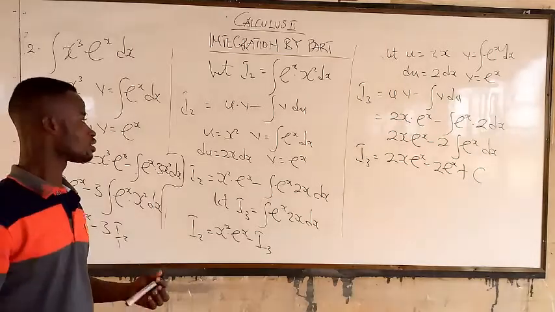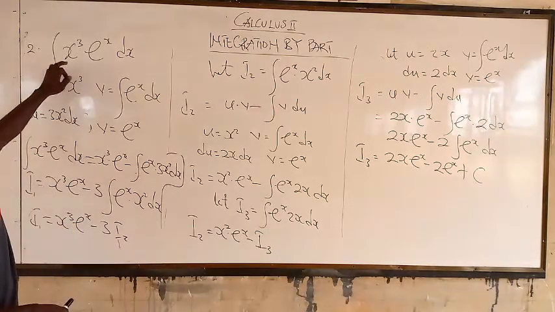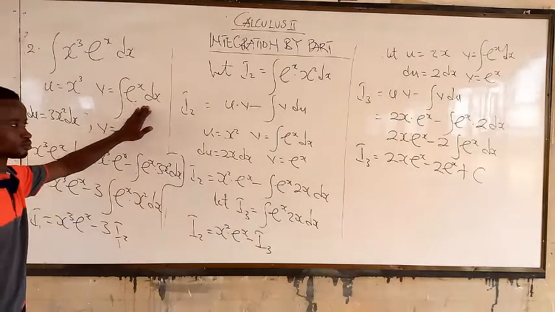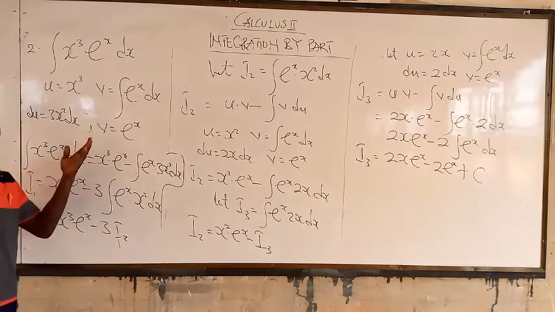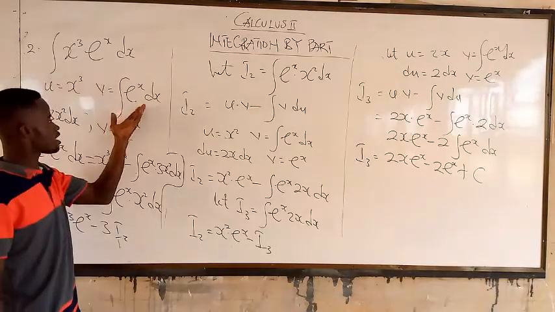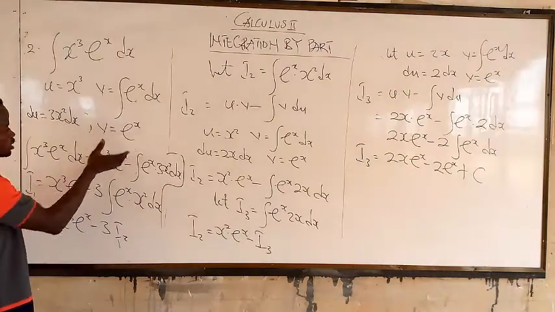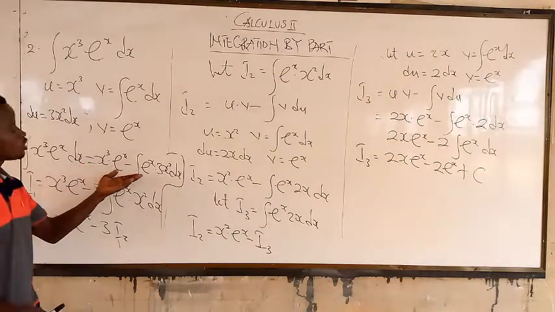Alright, so in the first place, what we did is that we set our u to be equal to this, our v to be equal to whatever is left. Then you differentiate this, you get this, differentiate this, you get this. Now, when you put down the formula and do the substitution, you are going to get this.